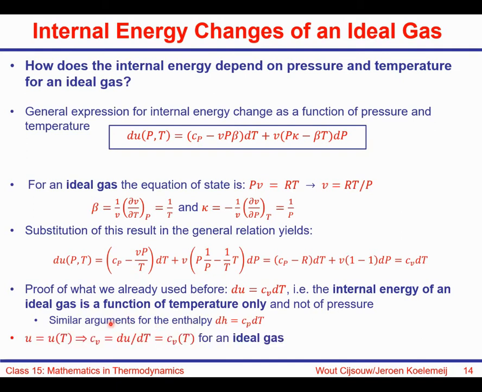Now, what this basically says is that U is only a function of the temperature. And looking at how CV is defined, it turns out that CV is only a function of temperature too for an ideal gas.